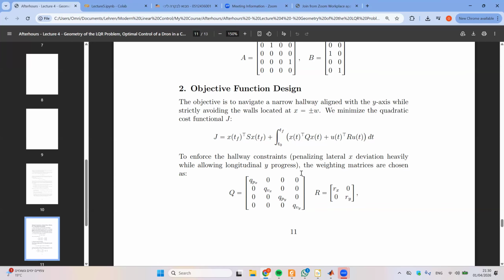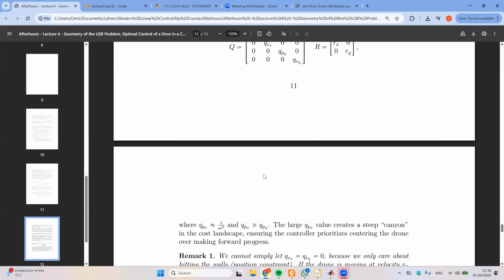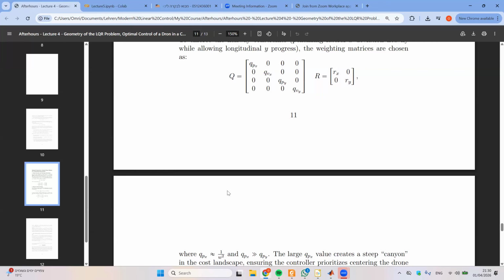Now, how do we shape the cost function to accommodate our actual problem? So Q will be this diagonal matrix, and we will take the penalty of going in the x direction to be 1 over w squared. So when w is very, very large, this means the hallway is very, very wide. We have a lot of room to go in the x direction, so 1 over w squared becomes very, very small.